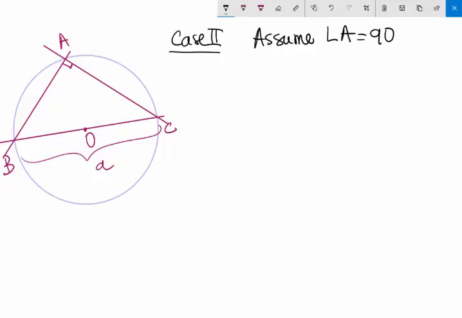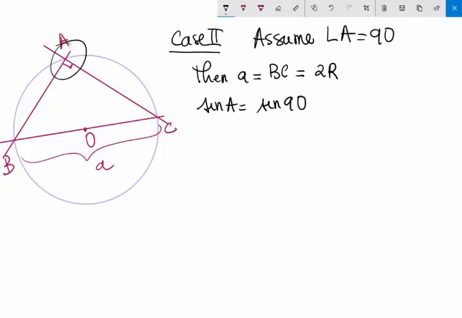For the second case, let us assume that the angle at A is equal to 90 degrees. Then little a is equal to BC, and since BC coincides with the diameter, it must be equal to 2R. Now sine of A is clearly sine of 90 degrees, and that must be equal to 1 if you remember your basic trig formula.